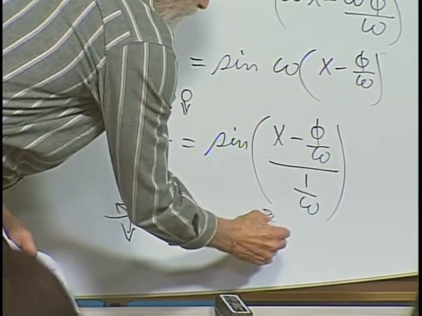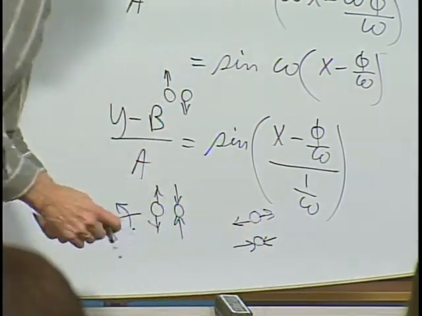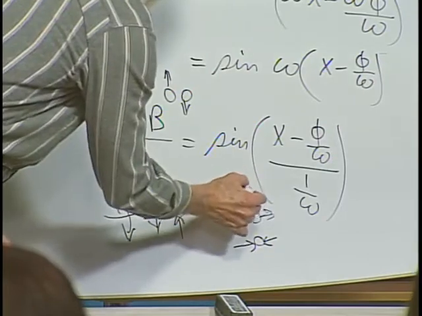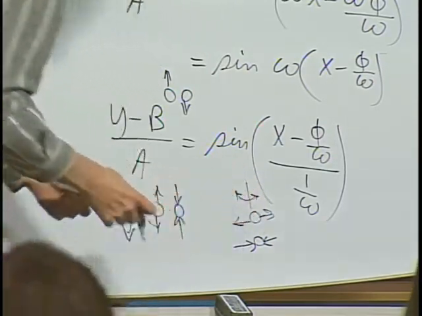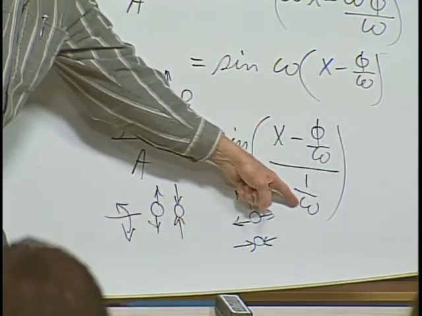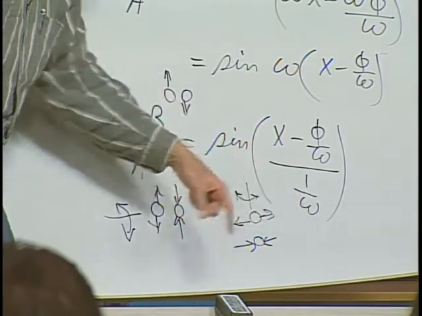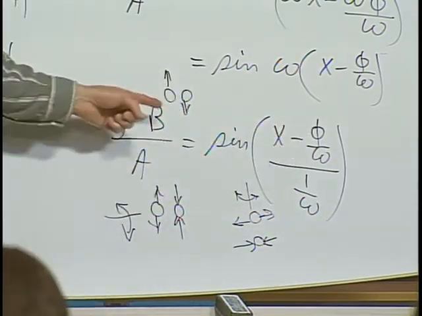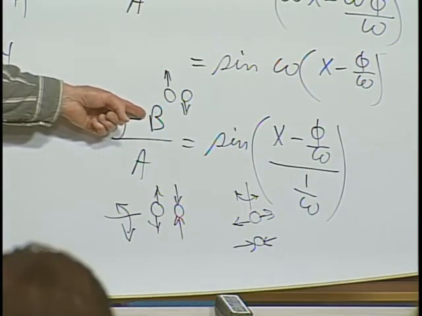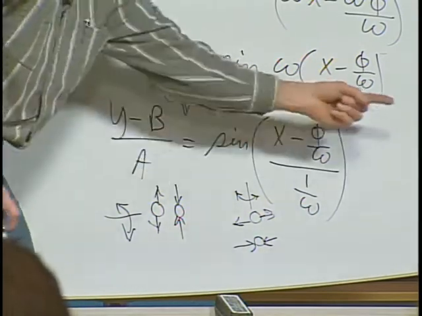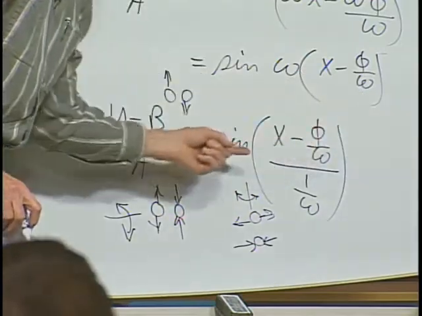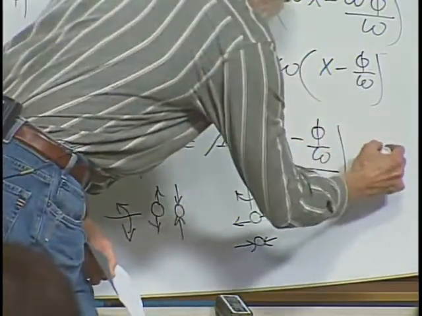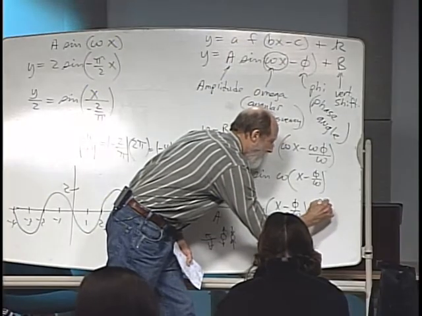Probably falling asleep because I've talked about this so many times now. And it might even turn the graph around the y-axis, depending on the value of omega. This phi over omega is analogous to b, isn't it? That's now going to be a horizontal shifting to the right or to the left. And that's what we call the phase shift.